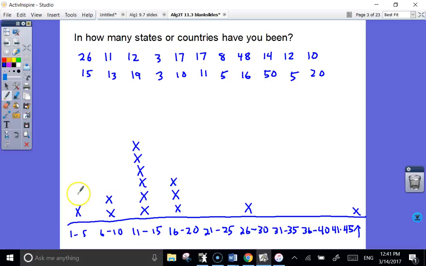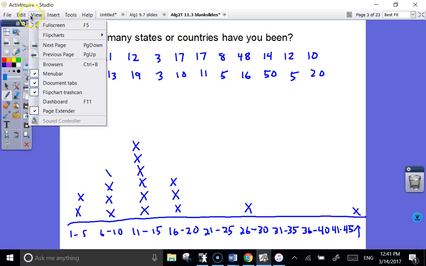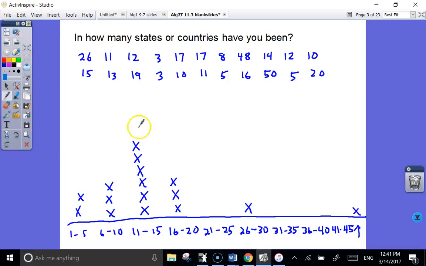It doesn't really matter, but 3 and 10, I don't want to shortchange anybody. 11 and 5. Oops, that shouldn't have gone there. Undo. 11 and 5. And 16 and 50, 16. Another one all the way over here. 5 and 20.